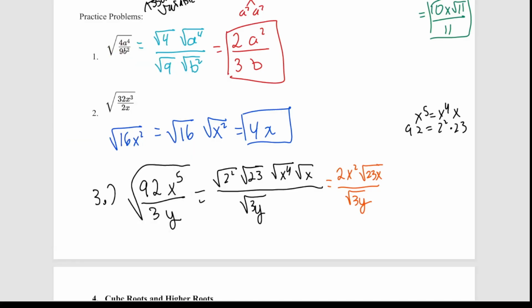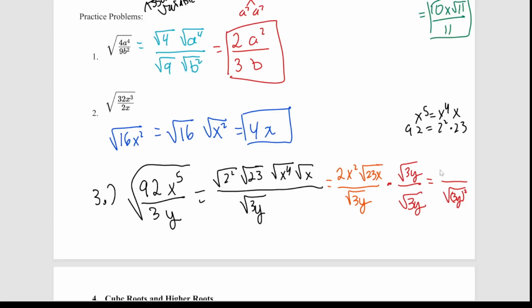Now we're ready to rationalize. In particular, I'm going to multiply both the top and the bottom by that root that we have. So on the bottom we have the square root of 3y all squared. On the top, I can multiply the 3 times 23 underneath that root to give us 69.